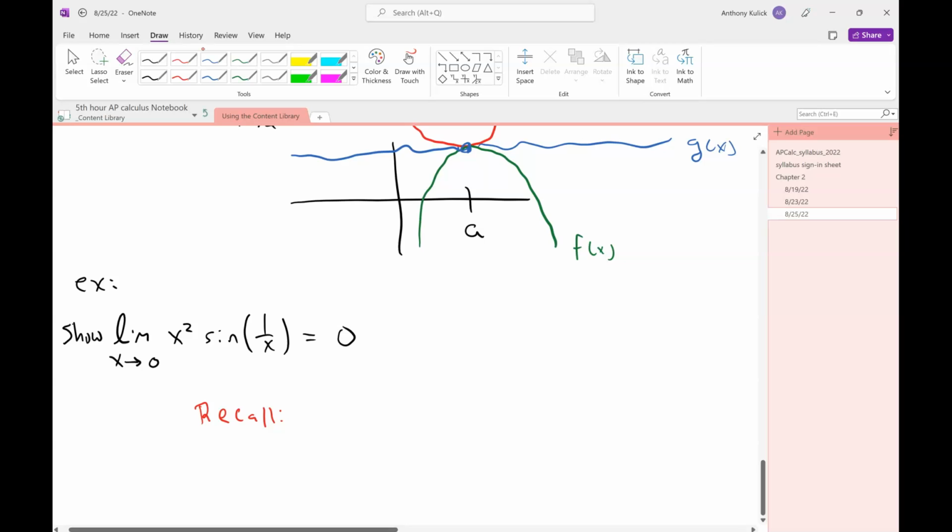What do we know about the function sine of x? If you graph the sine of x, what values is it bounded by? What's the smallest value that can come out of sine of x?